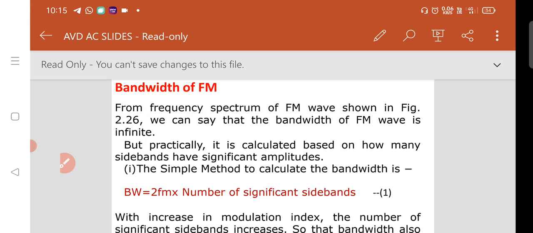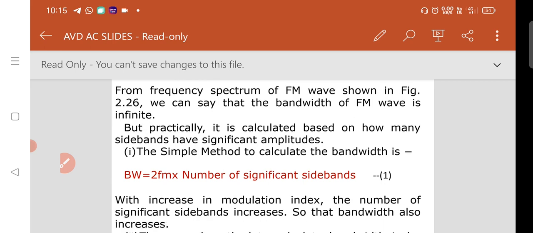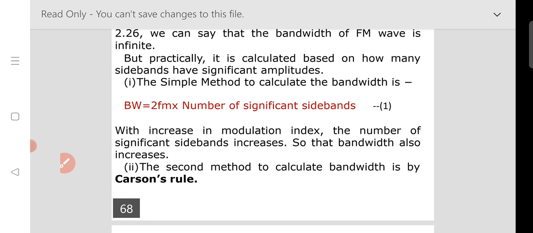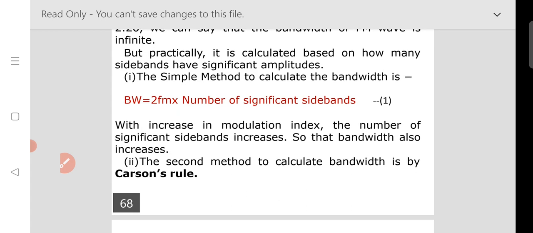So you just observe the bandwidth of the FM. The frequency spectrum of the FM wave is already shown, but practically it is calculated based on how many side bands have significant amplitudes. The simple method to calculate the bandwidth is: bandwidth equals 2fm times the number of significant side bands.